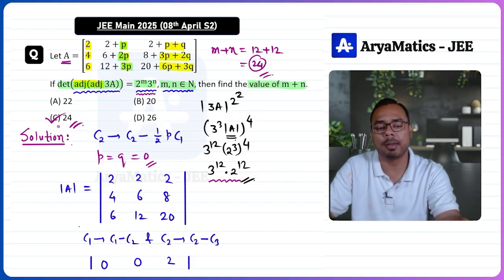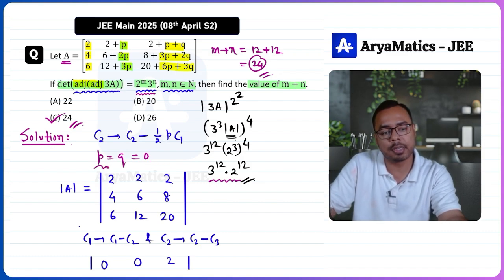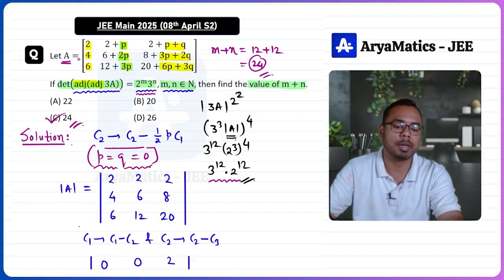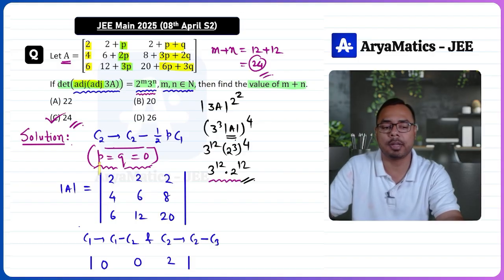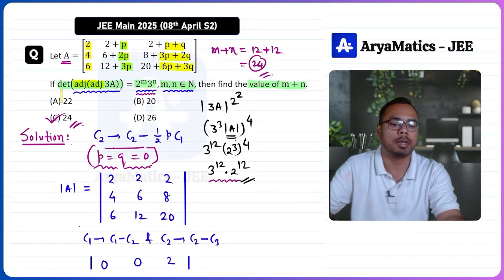Right? This was not a difficult problem, but there was one important concept. If you apply this logic, because the determinant of adjoint of 3A is independent of P and Q, the determinant of this matrix A must also be independent of P and Q, and therefore in place of P and Q we can take 0, and then in a few lines we can get the determinant of matrix A, and after that we can use properties of adjoint.